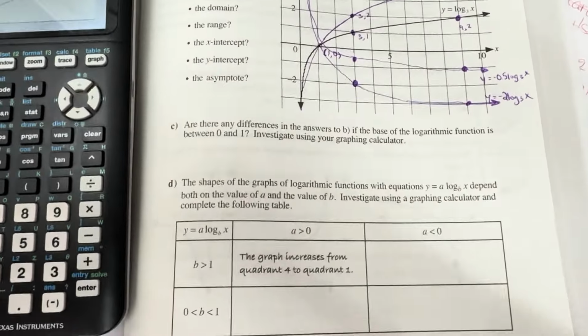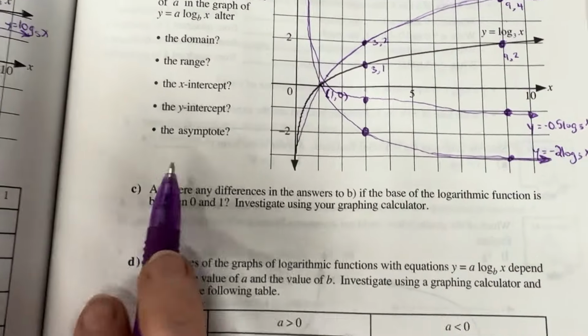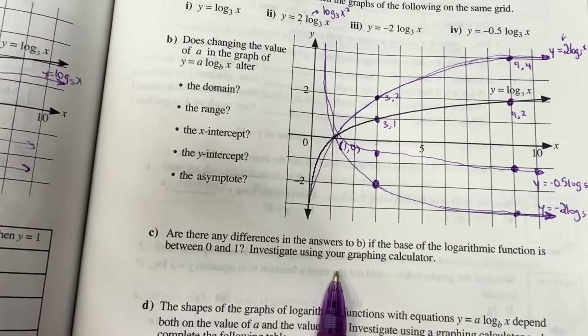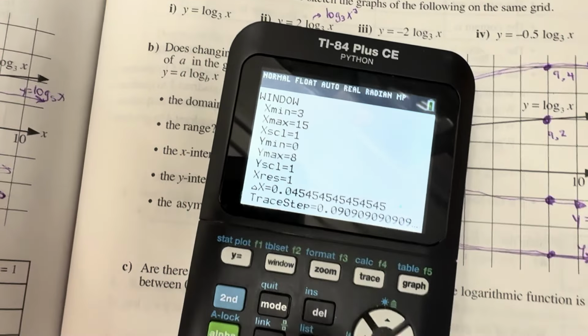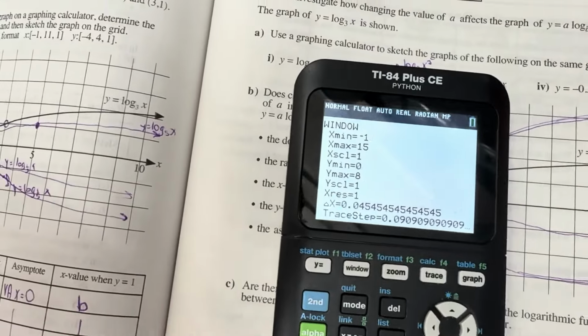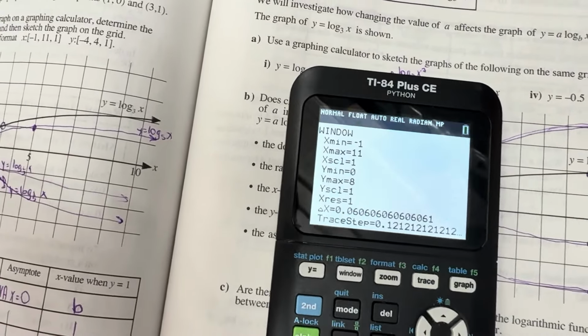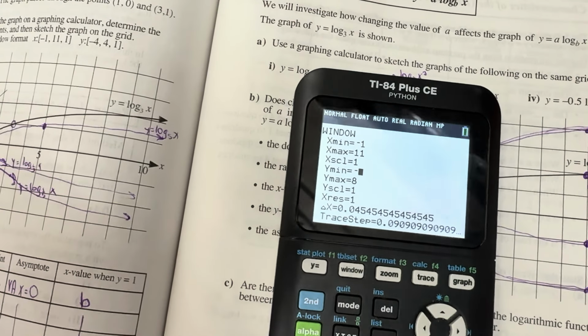So now if we see here, are there any differences if the base is between 0 and 1, and then investigate using your graphing calculator. Okay, so if we go back, I'm going to have to put my window back to this. So let's just quickly do this.